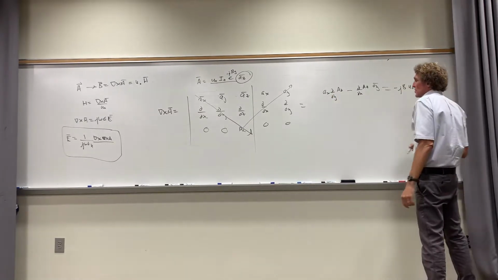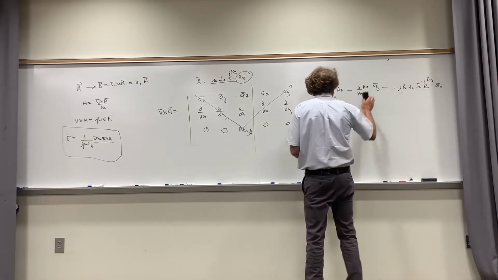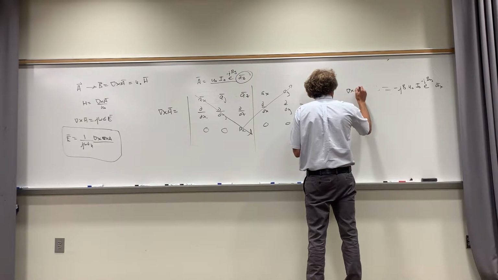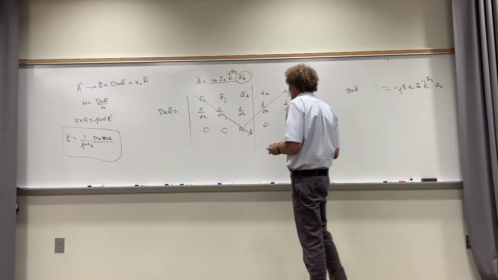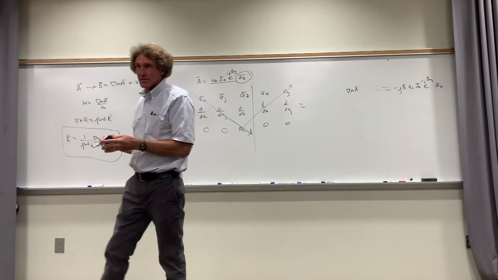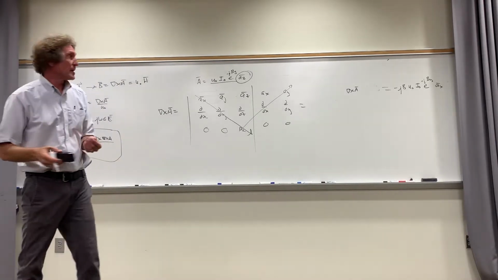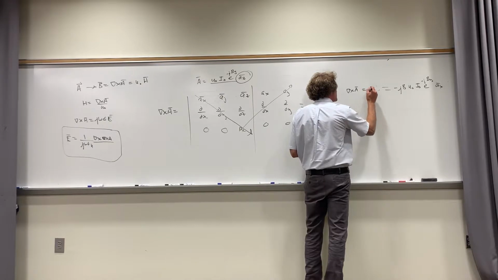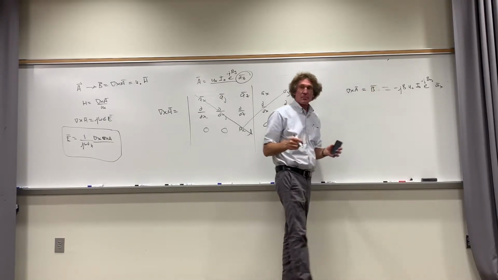So that is the curl of A. This is the curl of A according to the vector operations, right? And what is curl of A? It's B. So this is B. Y'all agree with that?